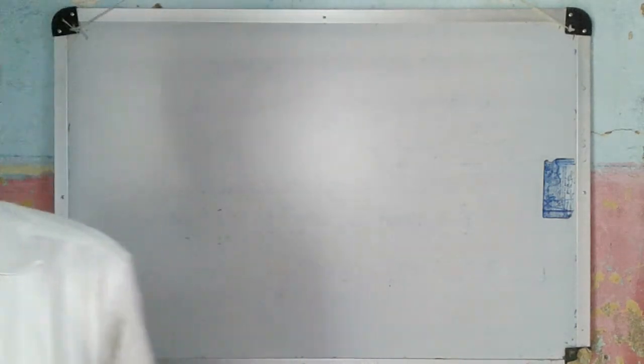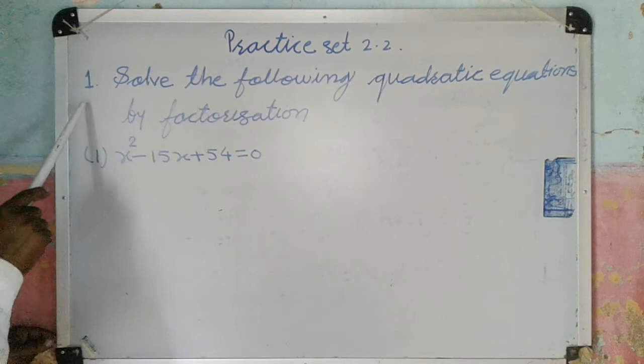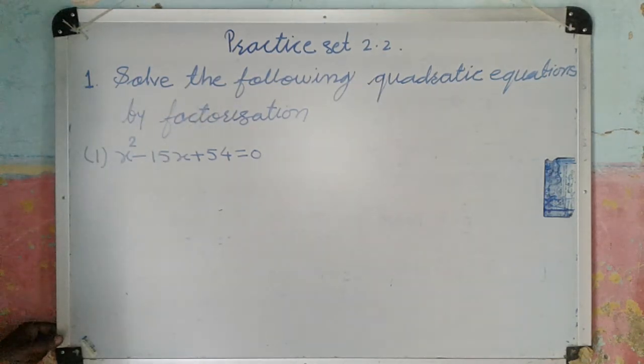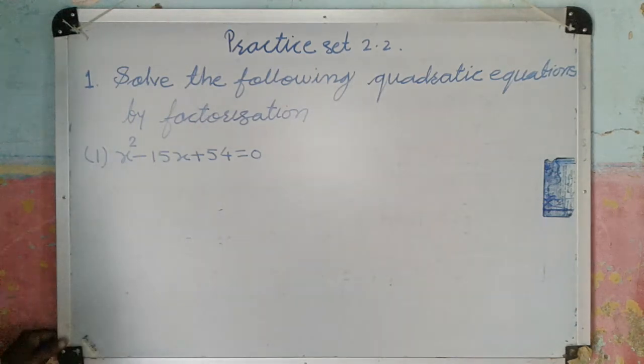Now in your book on page number 35, some solved examples are given. Already the examples are solved, so you go through those solved examples, and now we will solve some examples from practice set 2.2. Practice set 2.2, question number 1. Solve the following quadratic equations by factorization. Example 1, x square minus 15x plus 54.